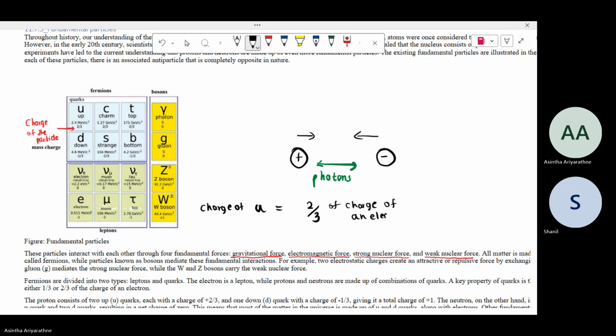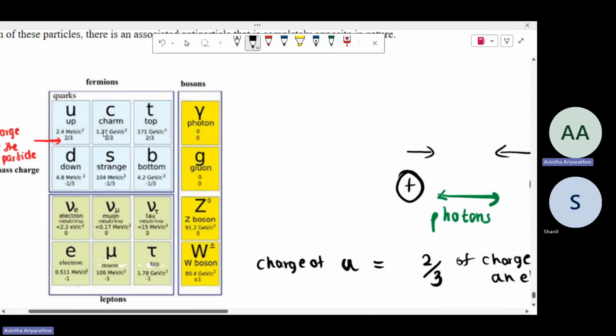All of these charges are noted with respect to the electron.